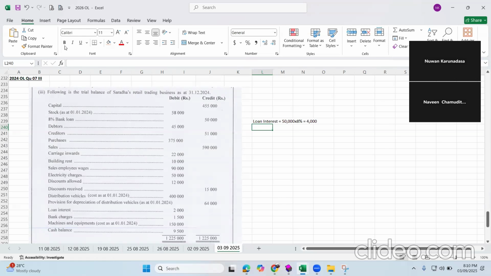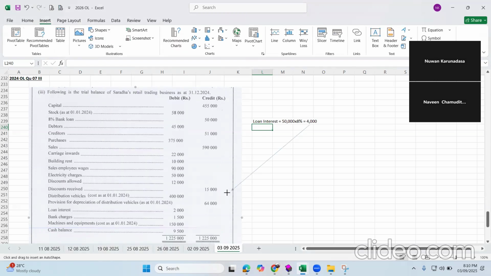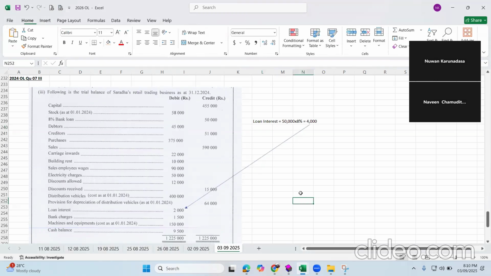So the loan interest is 4,000; 8% of 50,000 is 4,000. If you see here, how much interest has been paid? The paid amount is only 2,000.